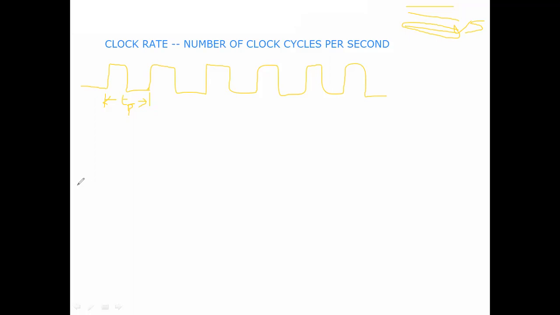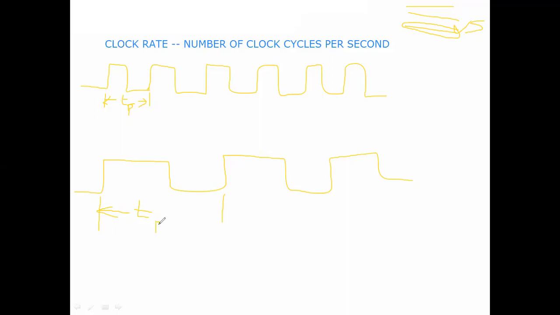Suppose we take the clock signal like this. What is the clock period? This is the clock period TP.